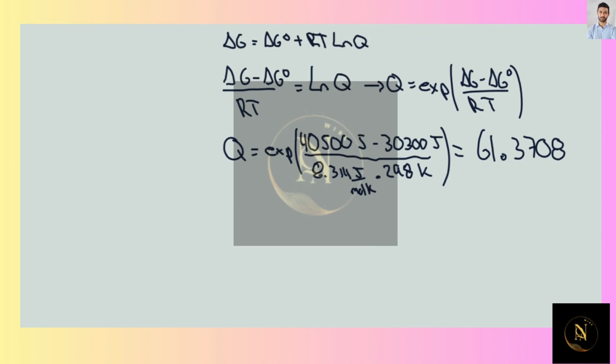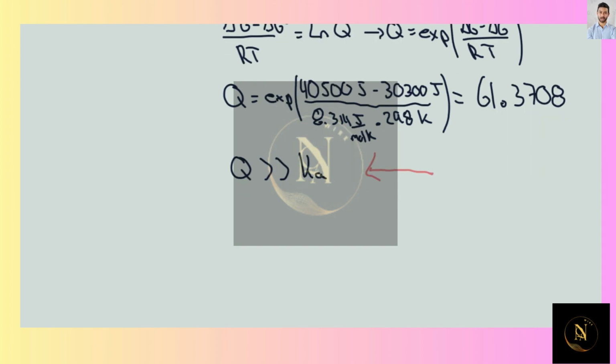Since the value for Q is much larger than the equilibrium constant Ka, the reaction is going to go towards the left, meaning that the reverse reaction, the production of H2O plus A minus, is going to be much more favored in this scenario.